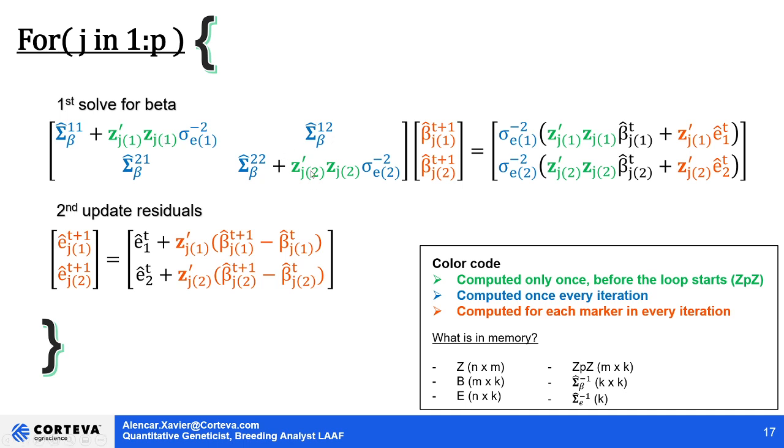So the zeta prime zeta for each trait is computed only once before the loop even starts. In orange are the marker effects and zeta prime error, which we do compute for every marker within each iteration. And in blue are the variance components, which we compute once every iteration, but not for every marker. So we just compute them once in each iteration.